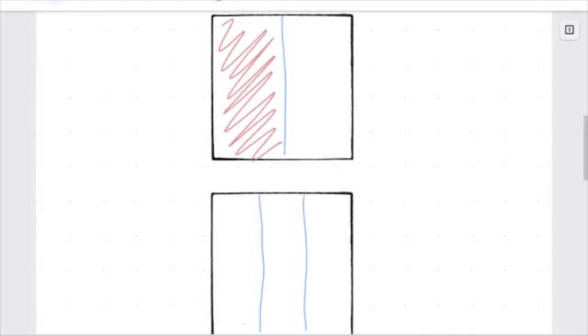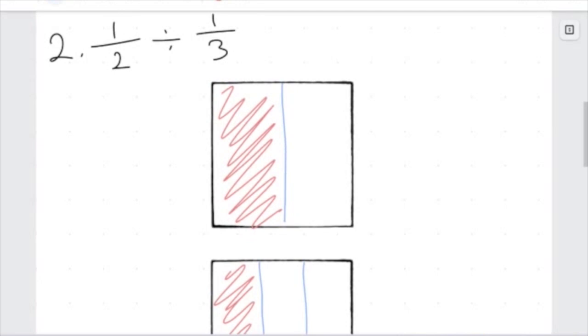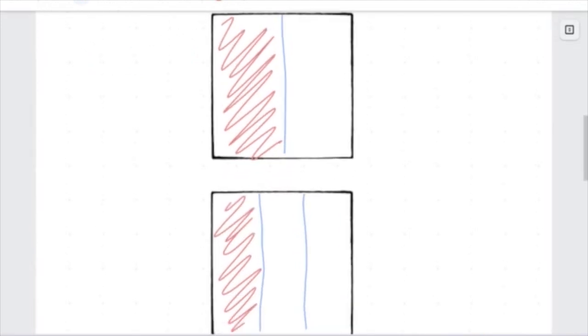Now, once again, you can see that I have my half here and my third here. But once again, my fractions, a half and a third, are speaking a different language here. We want to get the denominator to be the same. Now, the lowest common denominator, so the lowest number that both 2 and 3 go into, is 6. So we can split these up into 6 portions.